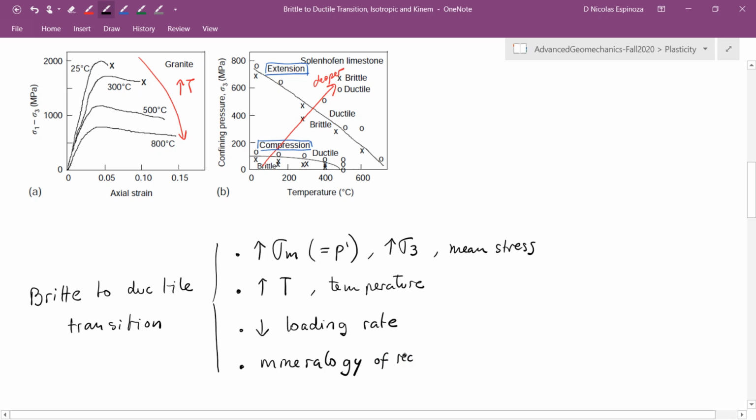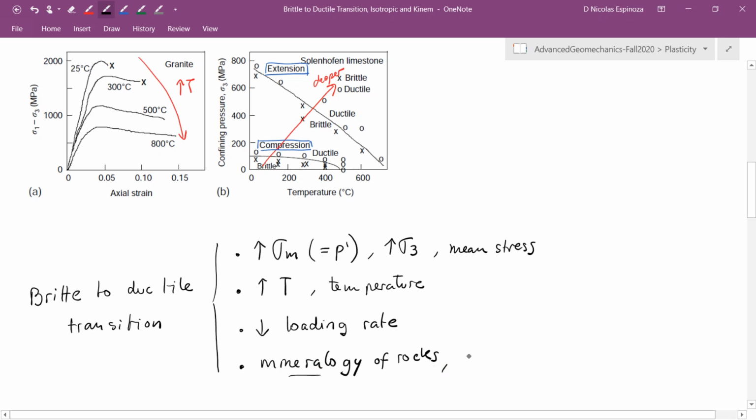We have seen that with sediments, uncemented sediments, like uncemented sands or mud rocks without significant cementation, we can see this brittle to ductile transition. But let's say now for a cemented rock, what could affect brittle to ductile transition? And that's going to be mineralogy.